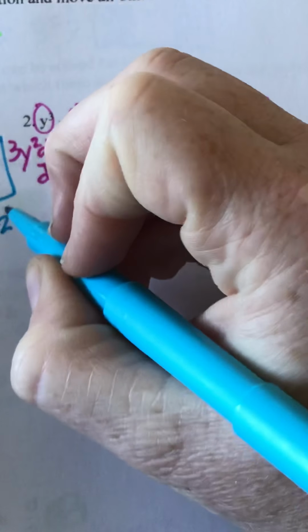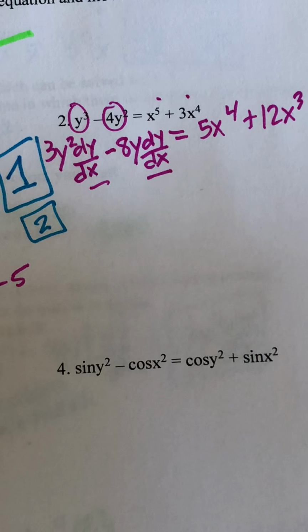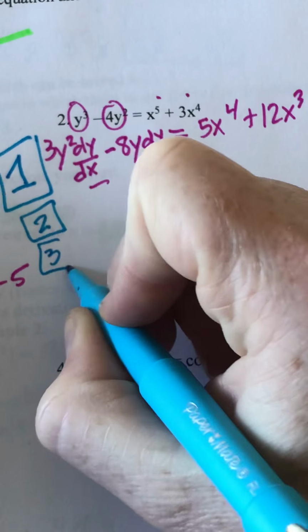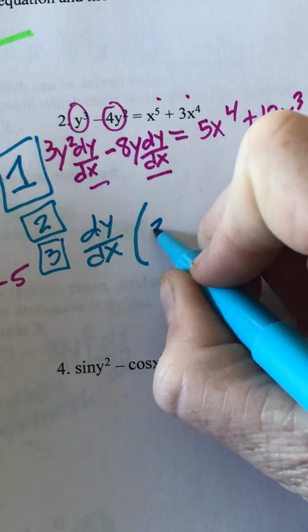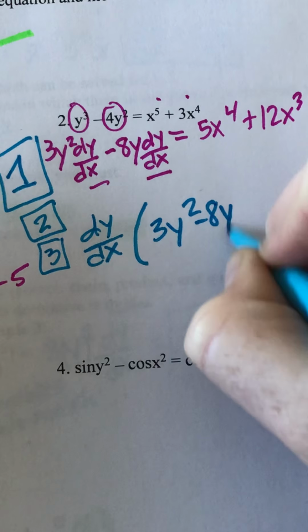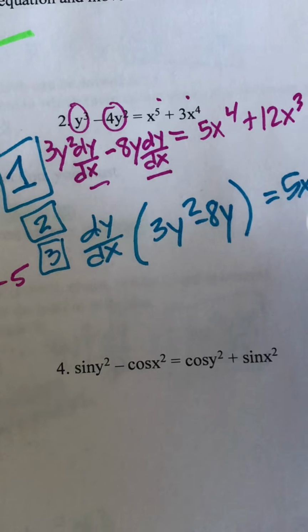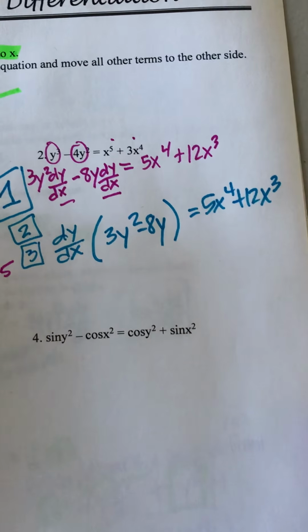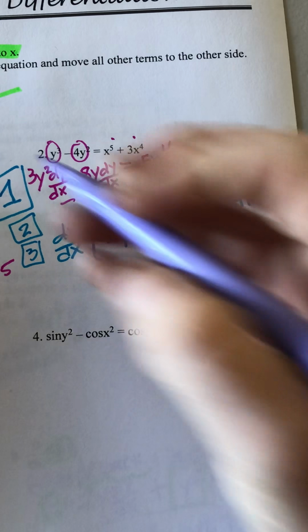Step 2, I actually don't have to do because all of my terms with dy/dx are already on the same side. That may happen. That'll be nice. So step 3, we'll factor out dy/dx. So I'll get 3y squared minus 8y is what's left once I factor, equals 5x to the fourth plus 12x to the third.